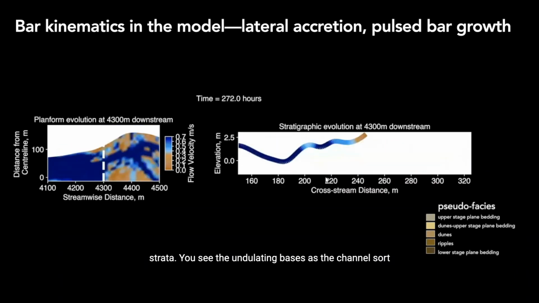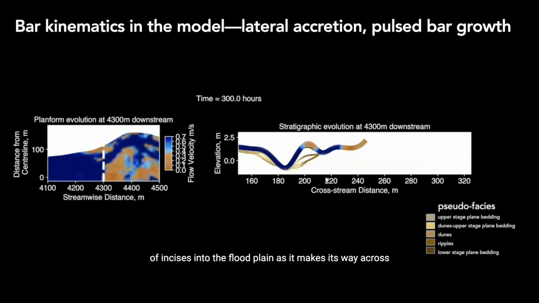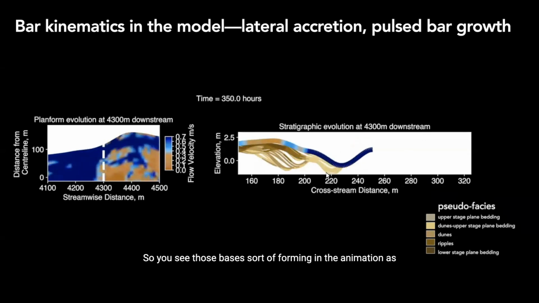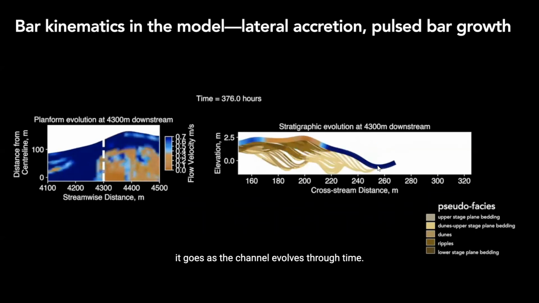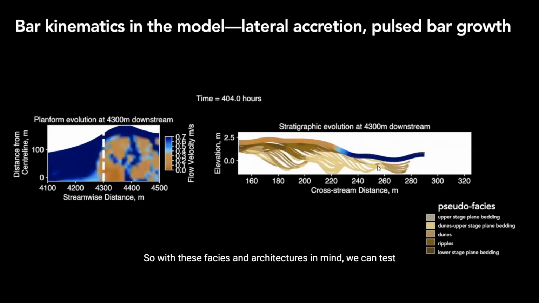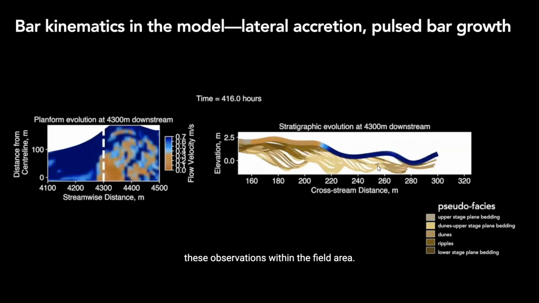And you see those undulating bases as the channel incises into the floodplain as it makes its way across the floodplain. So you see those bases forming in the animation here as the channel evolves through time. So with these facies and architectures in mind, we can test these observations within the field area.